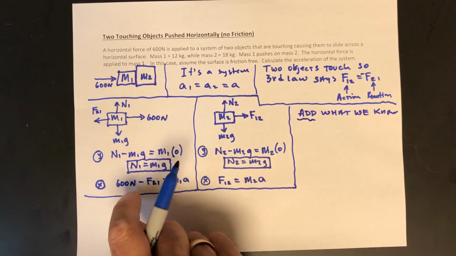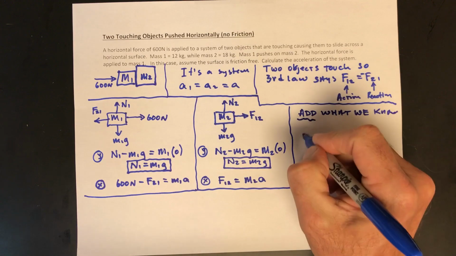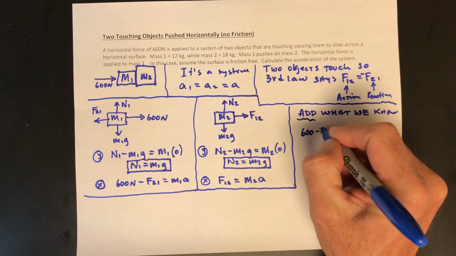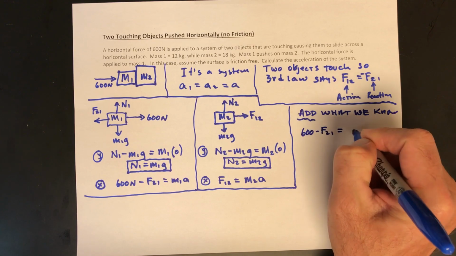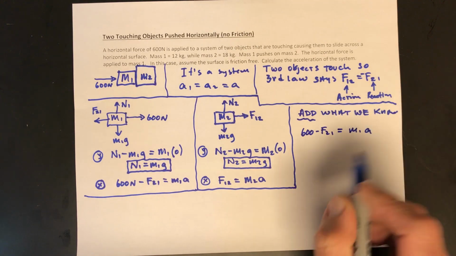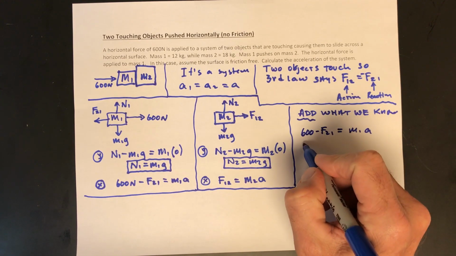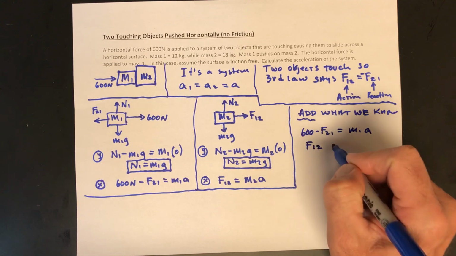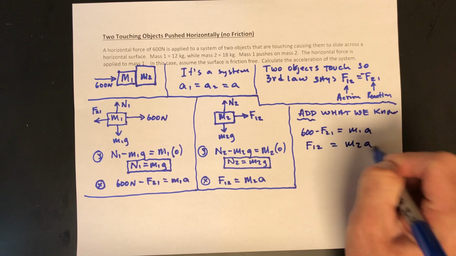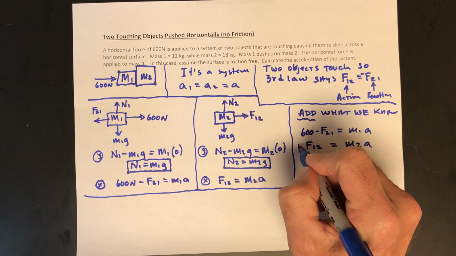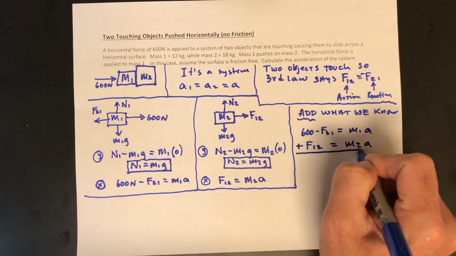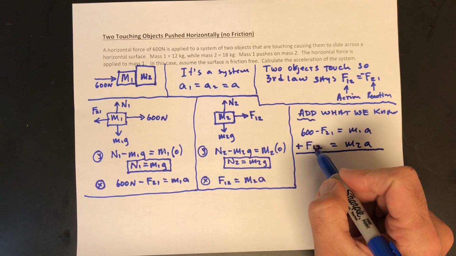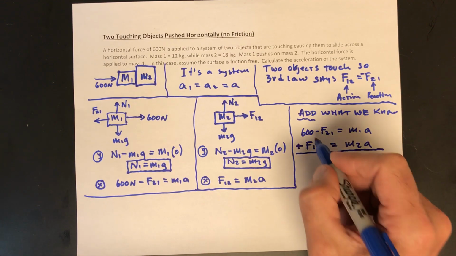We're going to take the first equation in the x direction, 600 minus F21 is equal to M1A. That's the first equation. And the second equation is F12 is equal to M2A. And we are going to add them. So everything we know about 1 and everything we know about object 2, we're going to add together.